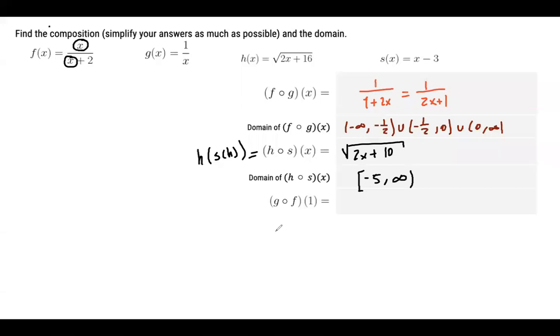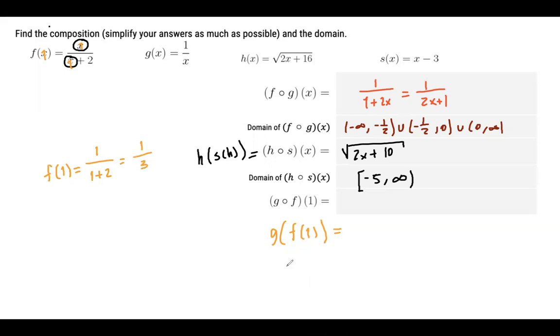You're saying that g is taking f with a 1 already as the input. So if I use 1 as an input on f, F of 1 is going to end up as 1 divided by 1 plus 2. So I'm using 1 as an input on this function. That's 1 over 3.